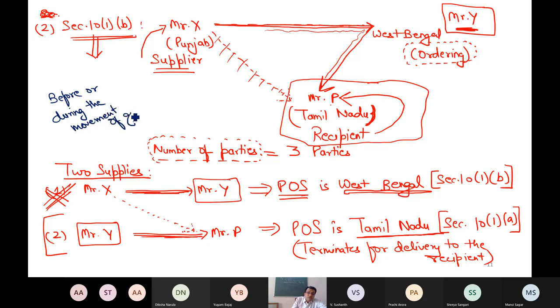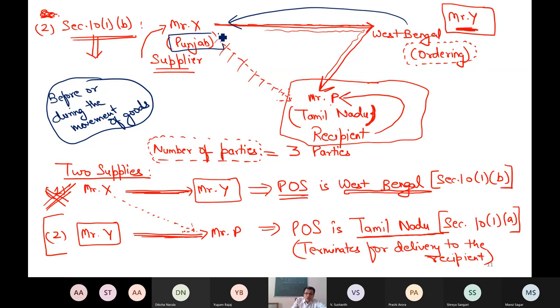That means these instructions were given by Y to X when the goods were either in Punjab or en route. But suppose the goods have reached Tamil Nadu because of some reason, maybe the road was blocked or some unrest was going on, or by mistake the goods have reached Tamil Nadu, and then Y says, since you have reached Tamil Nadu, please deliver at my customer Mr. P's place. So in that case, what is happening now?